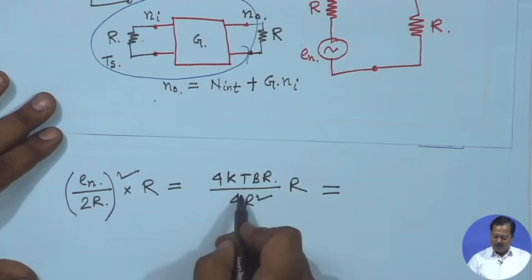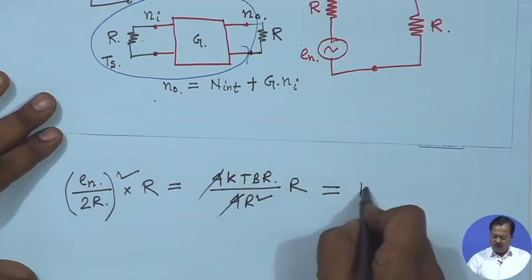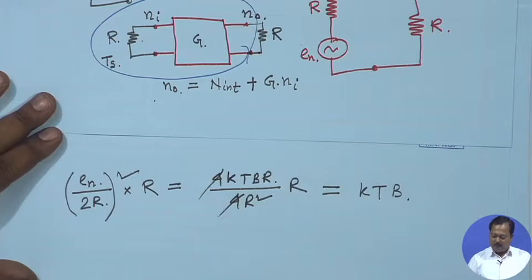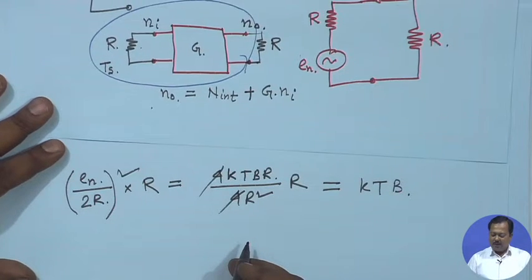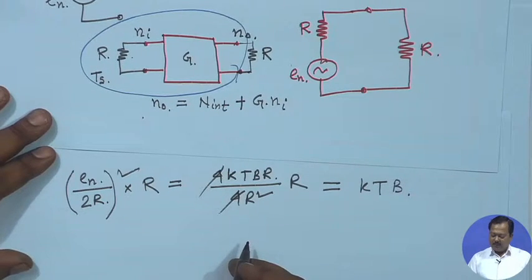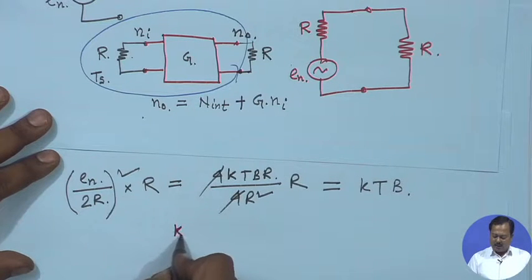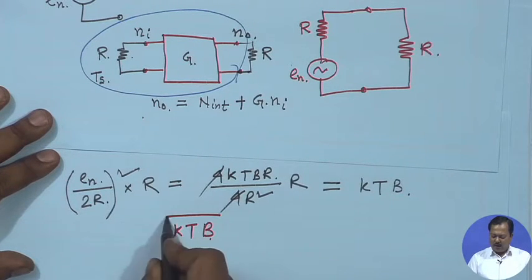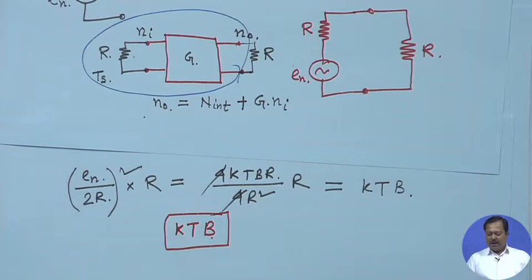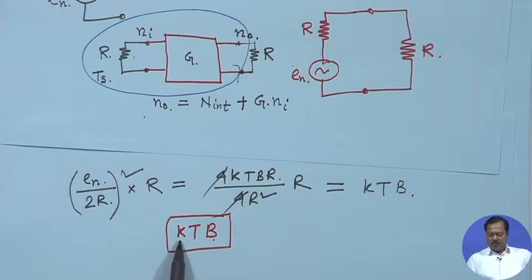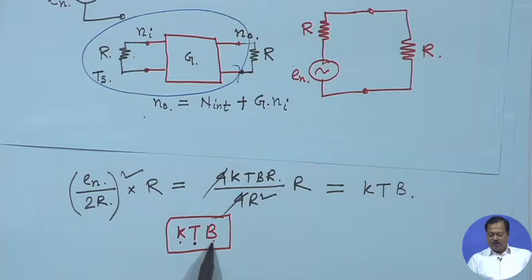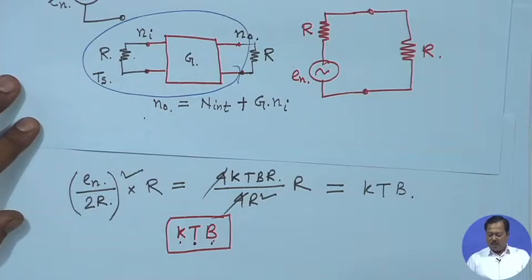So, it comes to kTB. So, you see one interesting thing, that the maximum noise power which can be delivered to a matched load is kTB. It depends on the Boltzmann constant k, the temperature of the device, this is the noise temperature of the device, and bandwidth. It does not depend on any resistor value. So, this is one important observation.